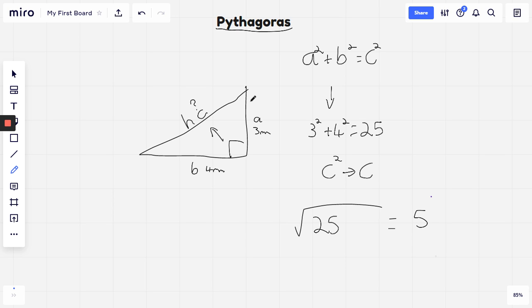So what we know from there is that 3 squared plus 4 squared equals 5 squared. And because there's all the squares, we can get rid of the squares, and we can say 3, 4, 5 in terms of square rooting. So what we know then is that the C side, or the hypotenuse, is 5 millimeters long.